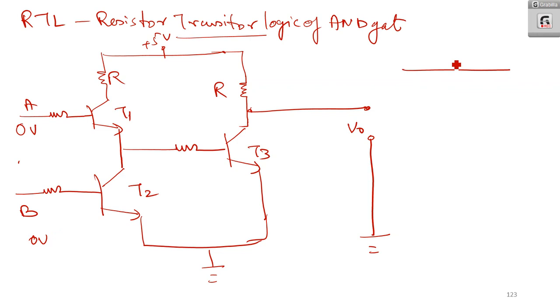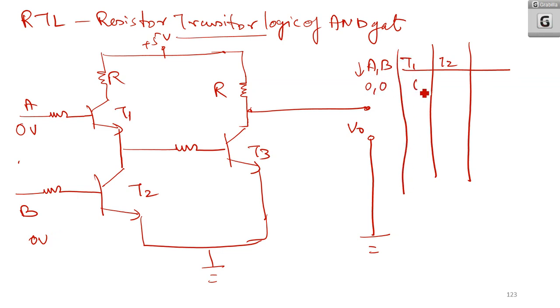Shall go with first one, T1, T2, and A and B I am writing towards downside. Now when A is 0 volt and B is 0 volt, transistor 1 is not on and transistor 2 is not on. That means here I am getting the output. This is the input. So what happens? So T3.